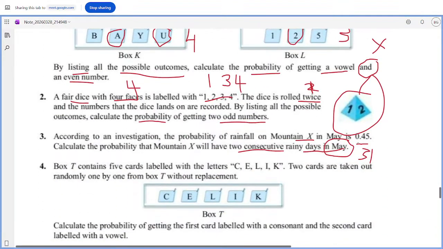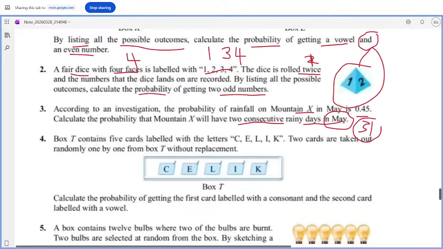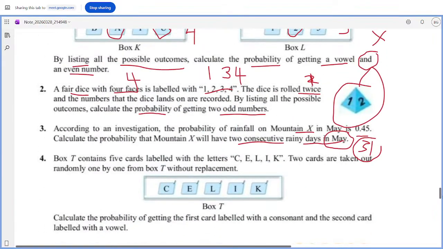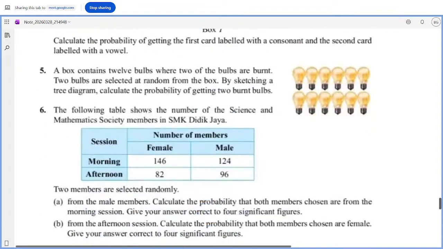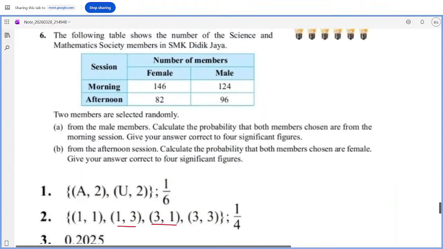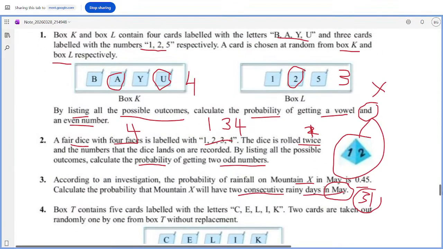Okay, so basically, you should get 0.2025. If you want 2 consecutive rainy days, wait, let me count now. Need to use calculator. If you want 2 consecutive rainy days and you have 31 days, so 2 over 31 times 0.45, 0.02025.